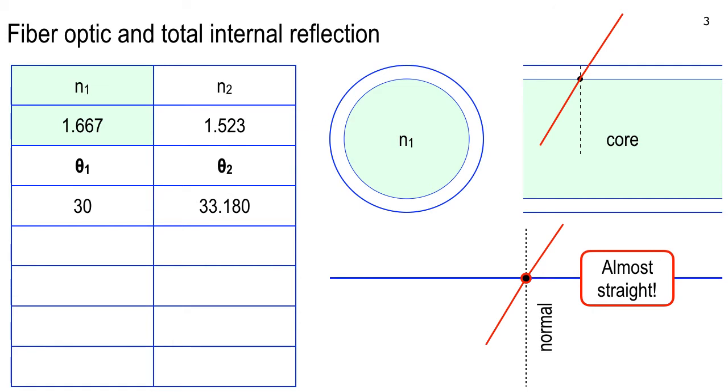What I have here in this diagram, I'll explain it to you. Here in the center, this circular part of the diagram is meant to symbolize a cross-sectional view of a fiber optic cable without the plastic that coats it.